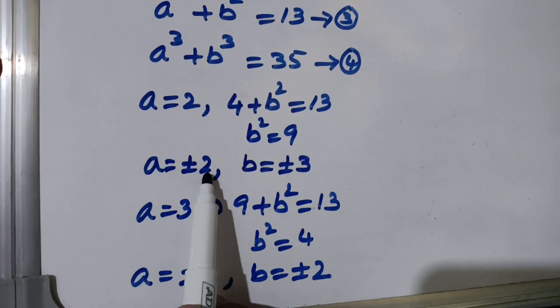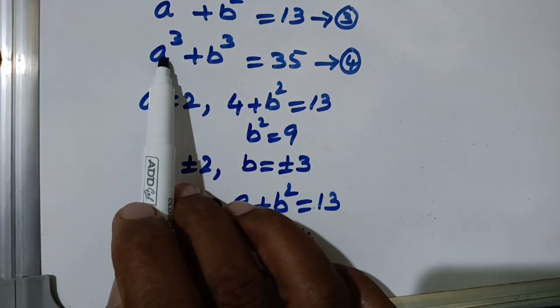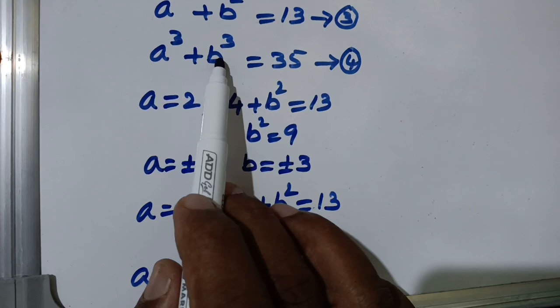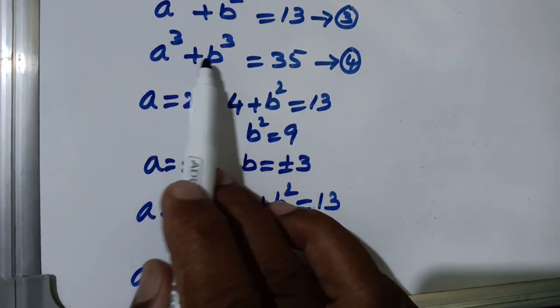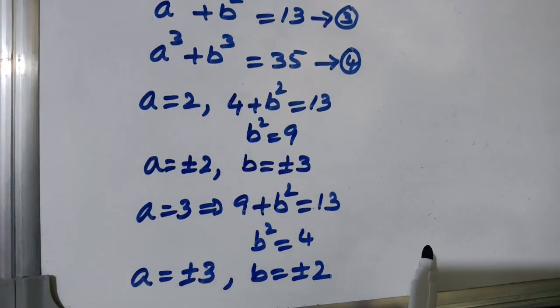So let me take a is equal to 2 and b is equal to 3 and see whether it is satisfied. 2 cube is 8, 3 cube is 27. So 8 plus 27 is 35. It is okay.